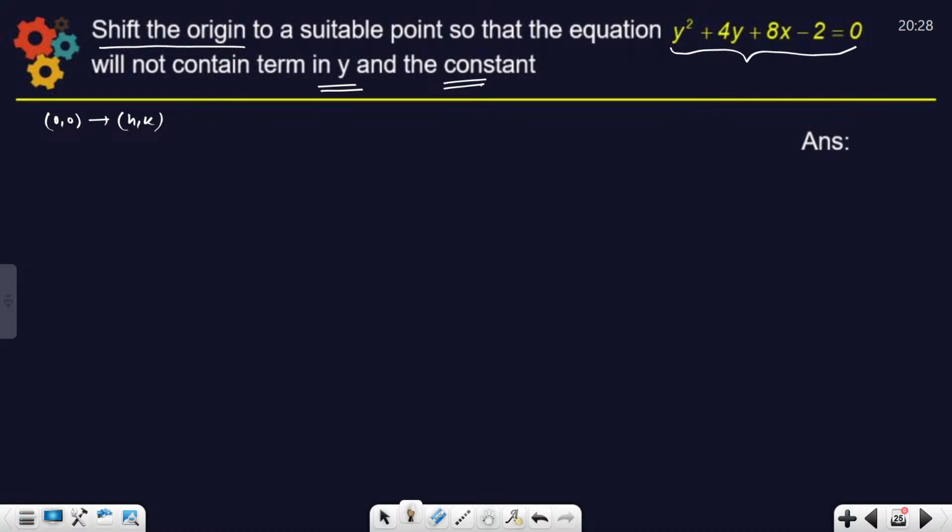Listen to it very carefully. It will not contain terms in y and the constant. That is what I will do.